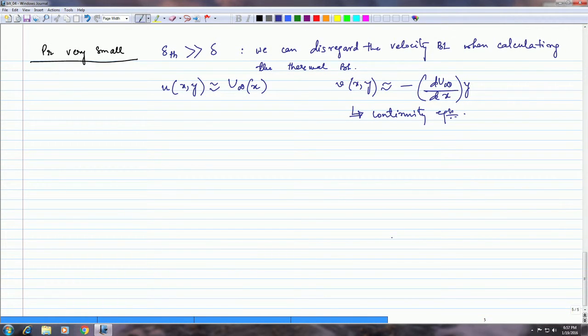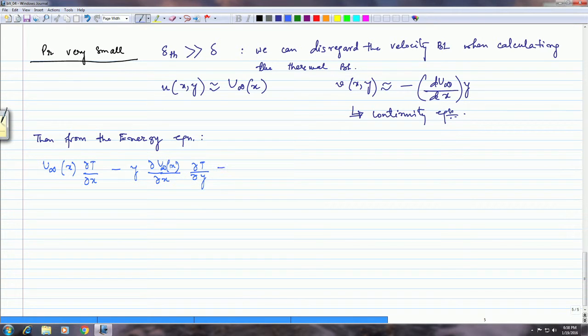Then from the energy equation, what we can write is minus y.